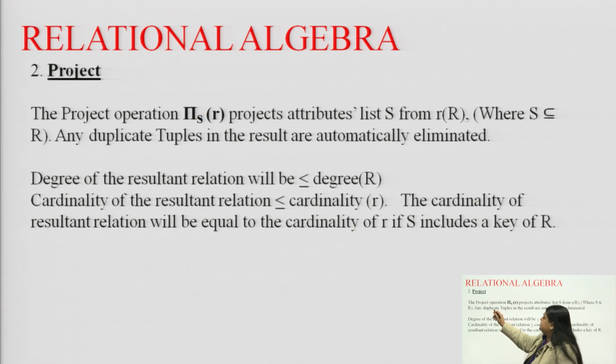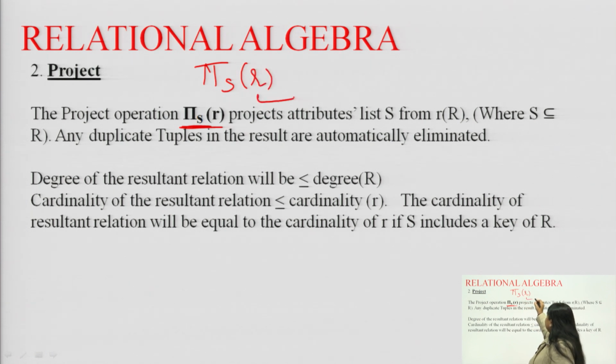The project operation is denoted by this symbol, and then S in brackets R, where R is the relation and S is a subset of the attributes of that relation. In the previous slide we saw one schema with the employee details: the employee number, the employee name, the employee city. So, if I want to extract only the employee name from the table.